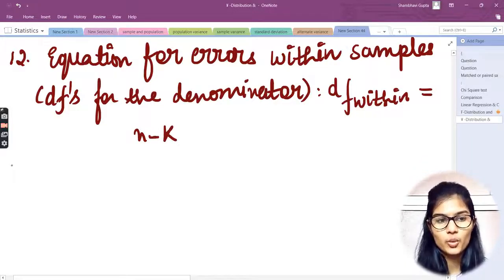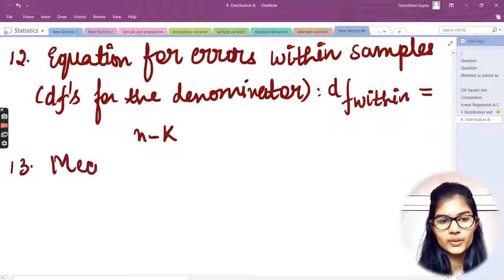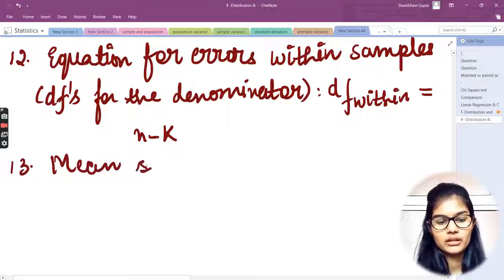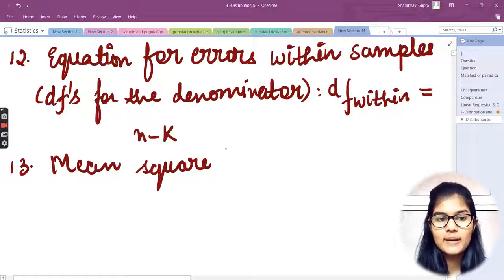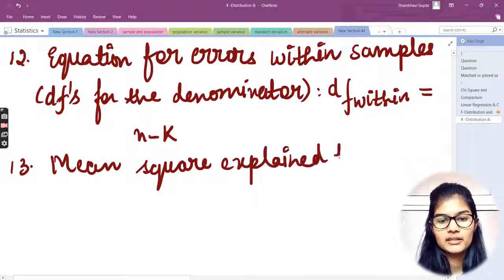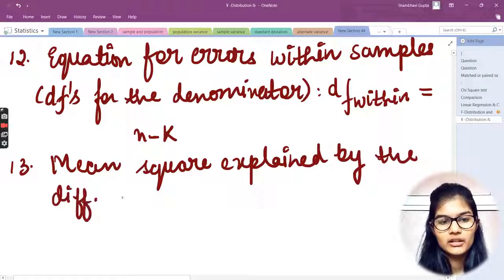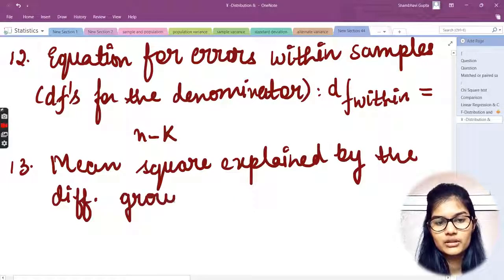Now let's move forward and see the other ones. Now we'll be dealing with the mean square, which you could say is the variance estimate as well. So it is the mean square explained by the different groups.